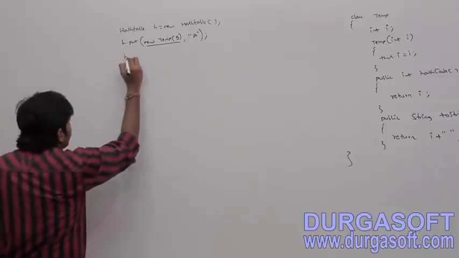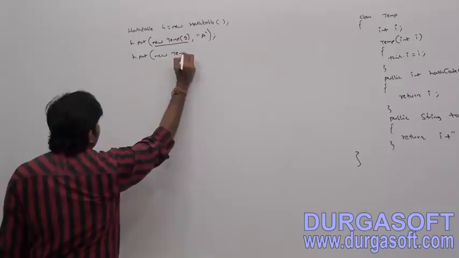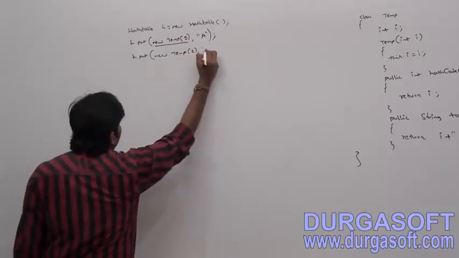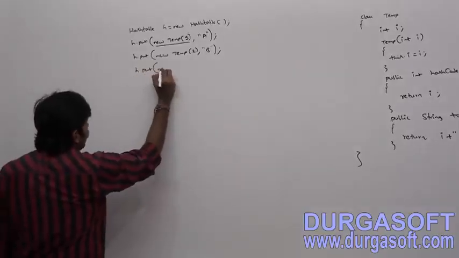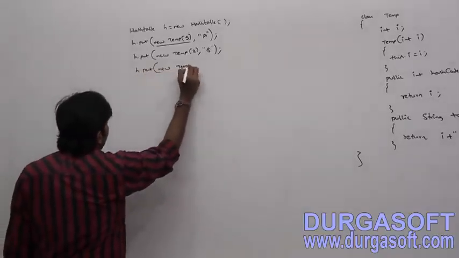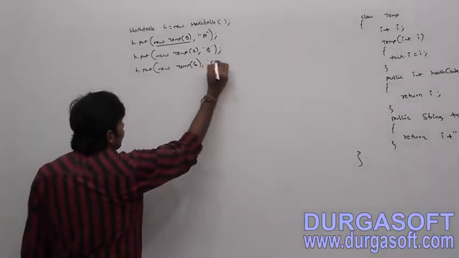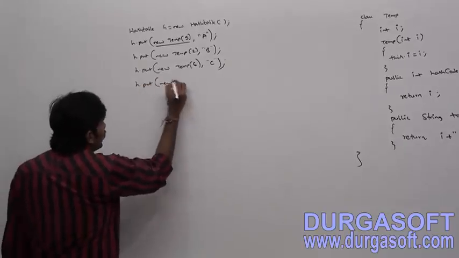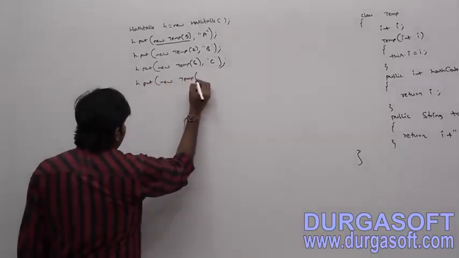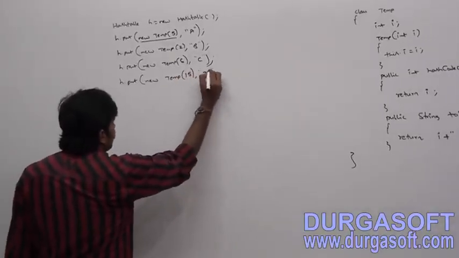Can you tell what the second entry is? h.put(new Temp(2), B) is the answer. Next, h.put(new Temp(6), C). h.put(new Temp(15), D).